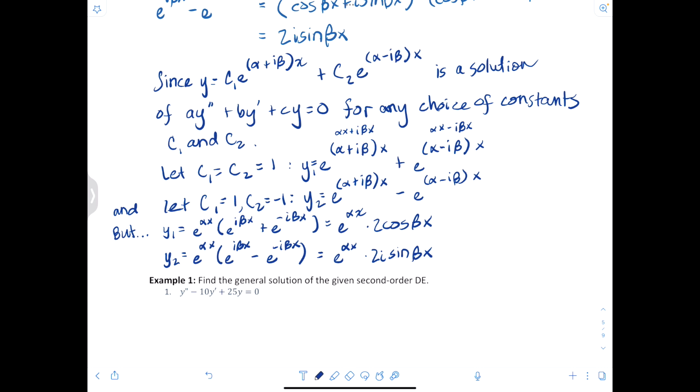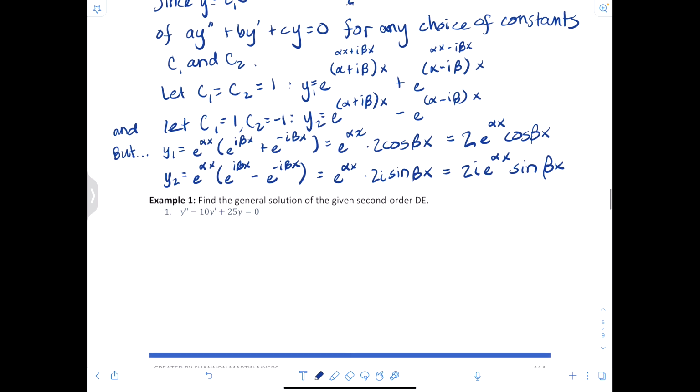So, prettying them up, 2 times e to the alpha x cosine beta x. The second one, 2i e to the alpha x times sine beta x.